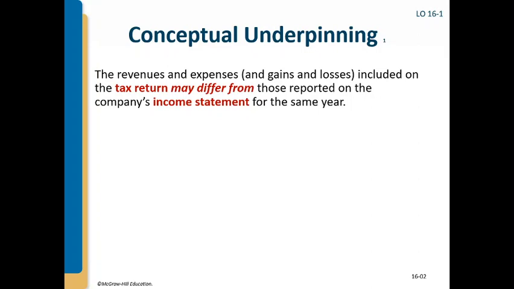All right, so first thing they do is to talk about the conceptual underpinnings. And so the first thing they point out is that revenues and expenses, as well as gains and losses, included in a tax return may differ from those reported on a company's income statement for the same year. Well, why would that be?